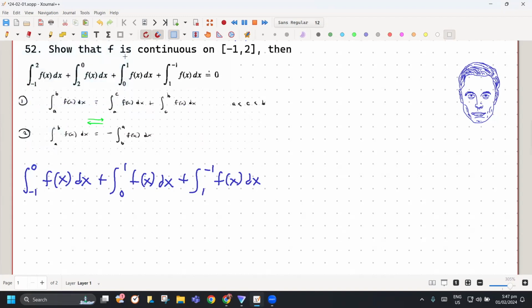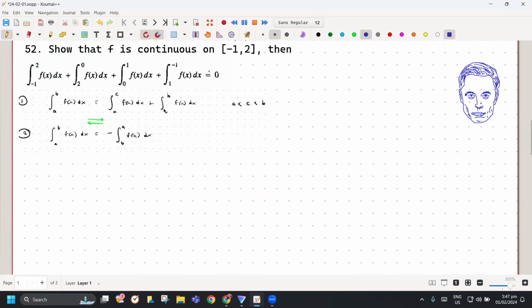You need to be all less than each other. Wait, -1 less than 2. Tama. This is not true. Okay, so there must be something, parang it's not that straightforward pala.